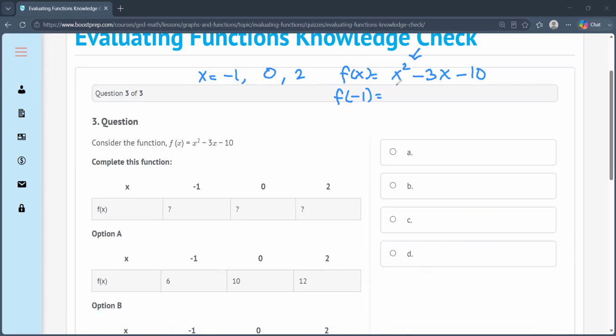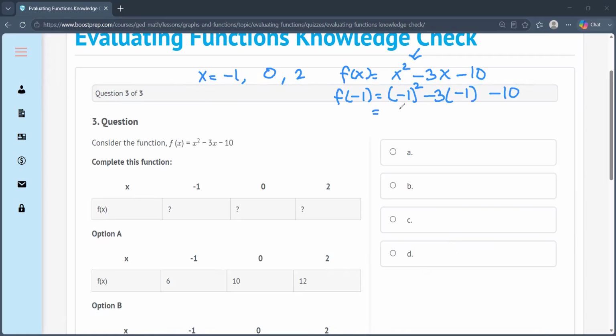They don't put parentheses and they just put -1 to the power 2, and when they put that in the calculator, it gives you -1. That's false. It should be +1. So when in doubt, always use parentheses. So I'm going to do parentheses -1, power 2, then -3 parentheses -1, minus 10.